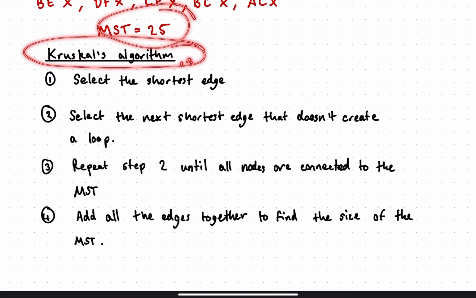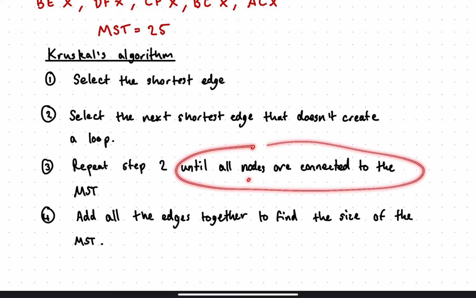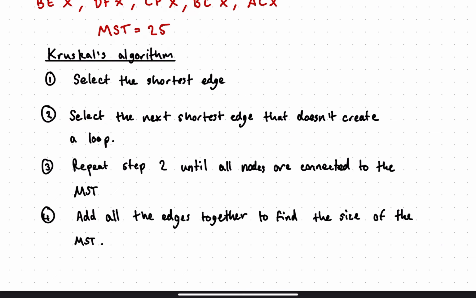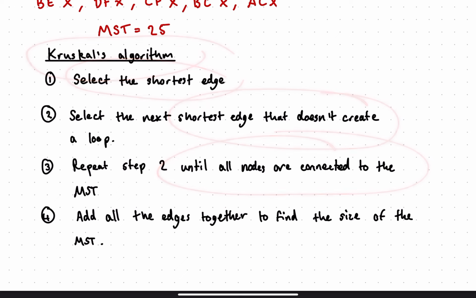Kruskal's algorithm says to select the shortest edge, and then select the next shortest edge that doesn't create a loop, and continue doing this until all nodes are connected. Okay, so just explaining that you use Kruskal's algorithm, which is this method here. Okay, and writing that method down. That would be the merit criteria for this, and the inclusion of context as necessary.